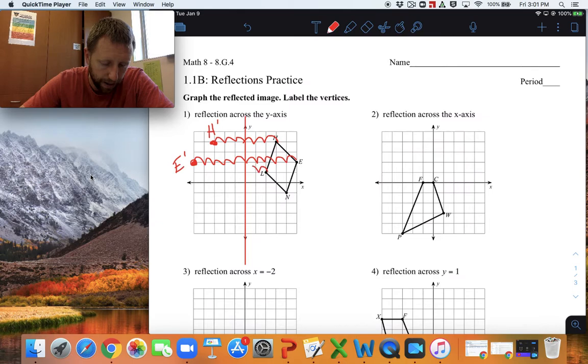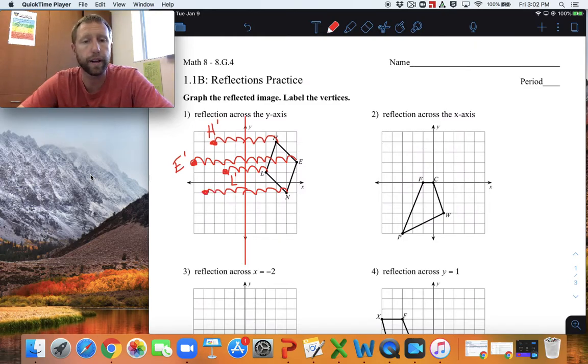L is 2 spots away. I go 2 spots, label that L prime. And then finally N is 1, 2, 3, 4 spots away. So I'm just going to go 4 spots away, 1, 2, 3, 4 on the other side of the line of reflection, and that is N prime.